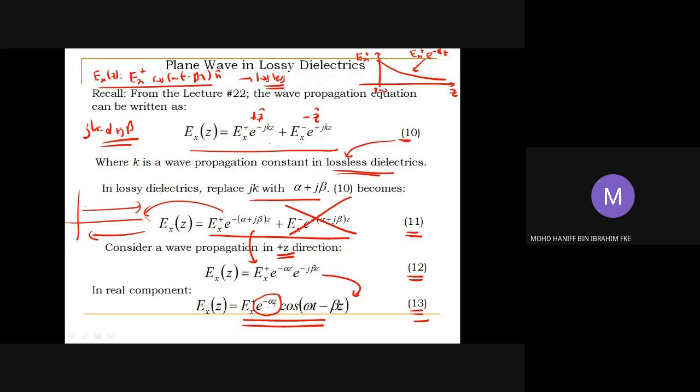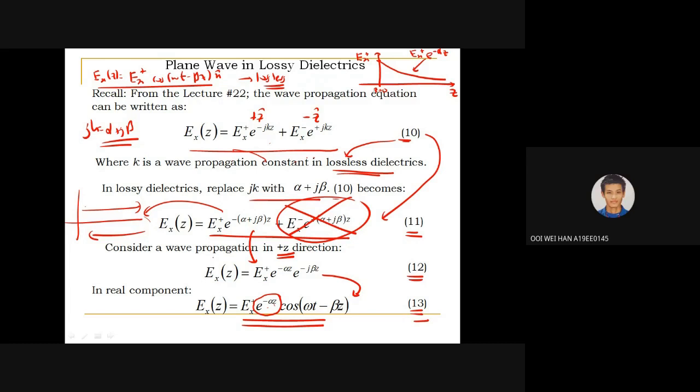No need to think about the wave propagating in the negative z direction, because this is just mathematics. Based on equation number 10, we can have both waves in the positive and negative direction, but there is no use to investigate further on the negative z direction because it's enough for us to consider only a single direction of the wave. Hopefully you understand.